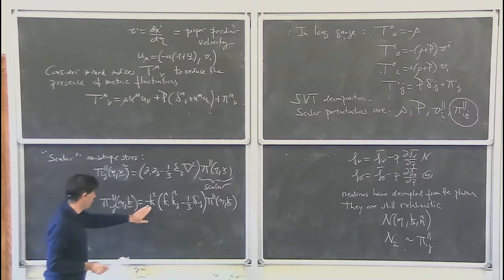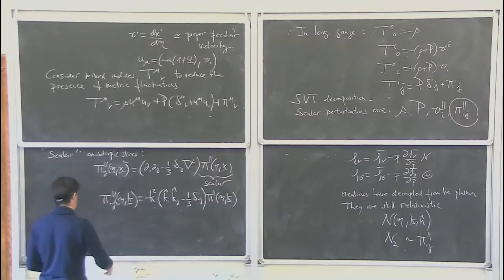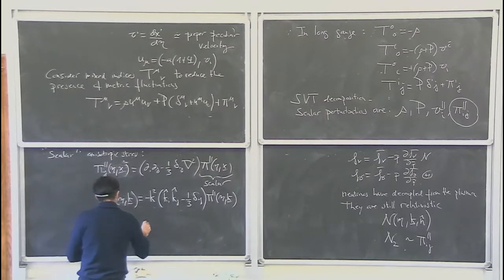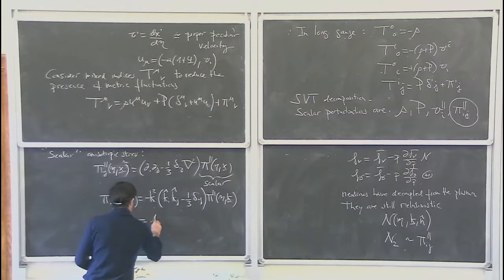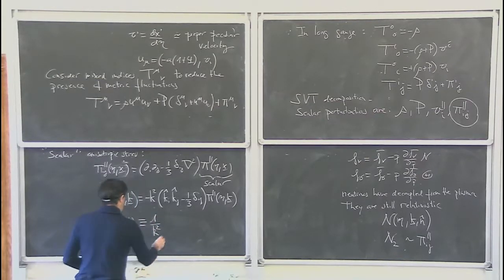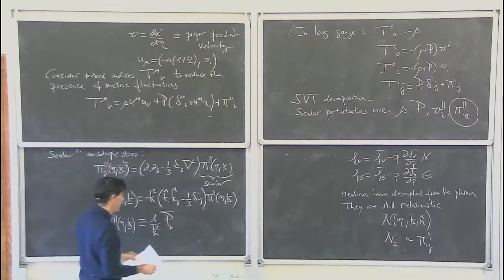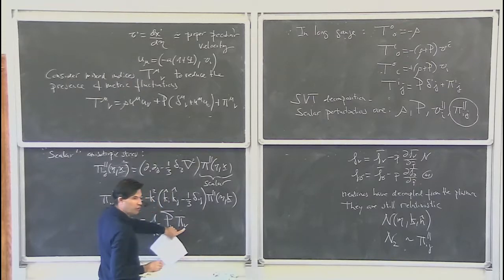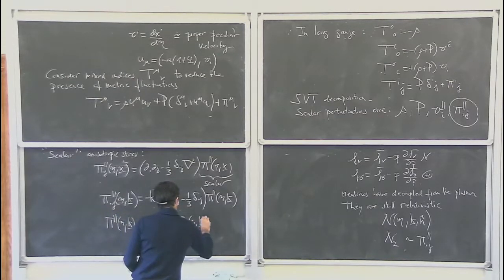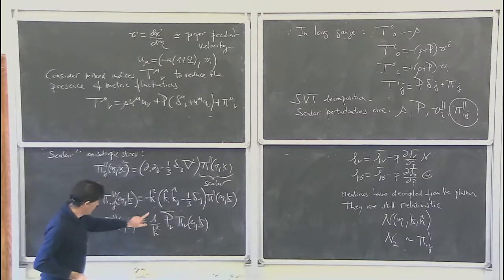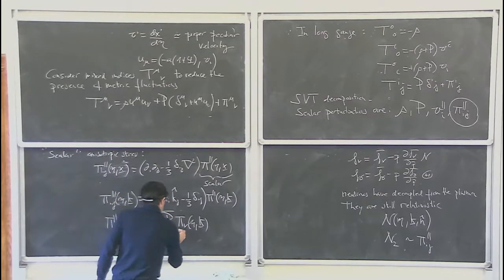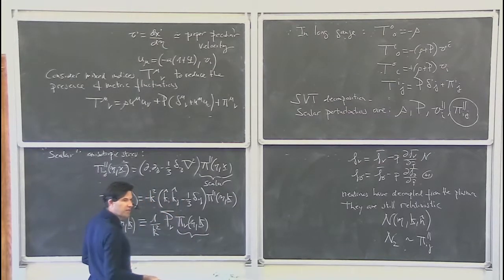And then just for convenience, I want to express this function pi parallel. I will define it as 1 over k squared times the average neutrino pressure times another function pi_nu of eta and k, which, because I took out this factor of 1 over k squared, has no dimensions, and we will see that it's effectively a viscosity, a shear viscosity.